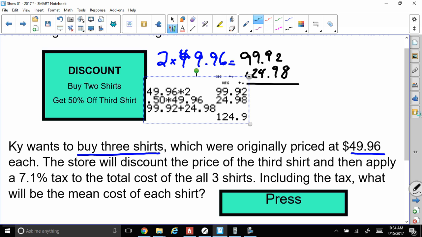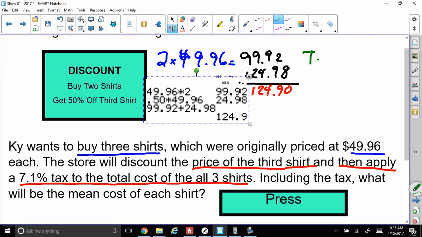So now we got his total price, $124.90. Now they said they're going to apply 7.1% sales tax to the total cost of all three shirts. So we got to apply our formula to get the total.